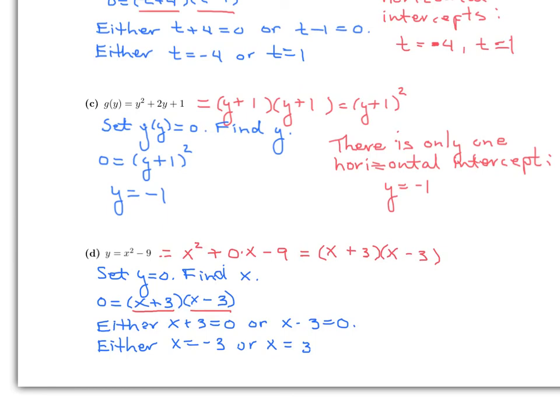Therefore, there are two horizontal intercepts. And they occur at x equals negative 3 and x equals 3.